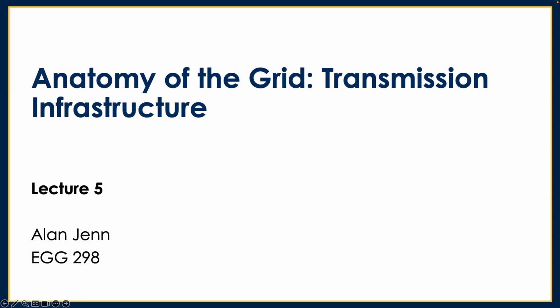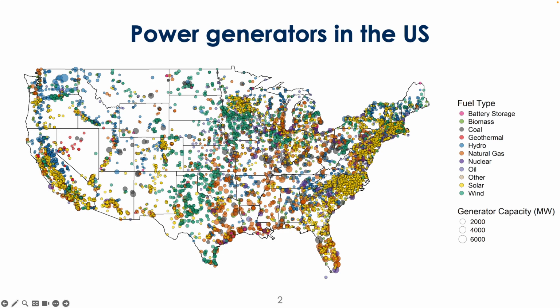As we dissect a lot of the grid infrastructure, we've started mainly on the generation side. And today we're going to talk about transmission. Flashing back to this plot, we've got power plants all across the country, but remember, where are these power plants relative to where people actually use power?